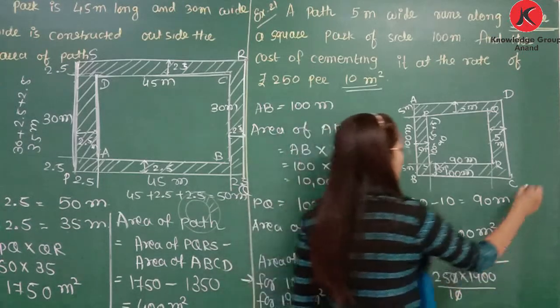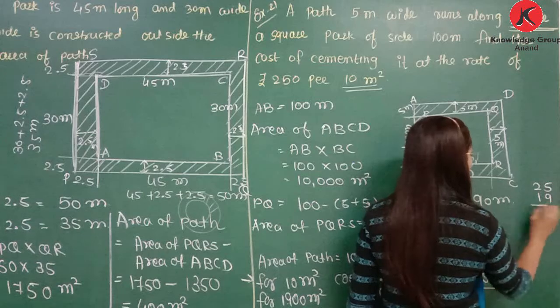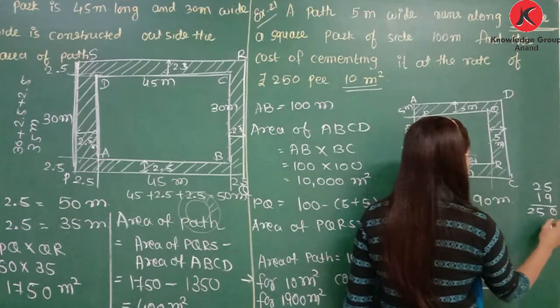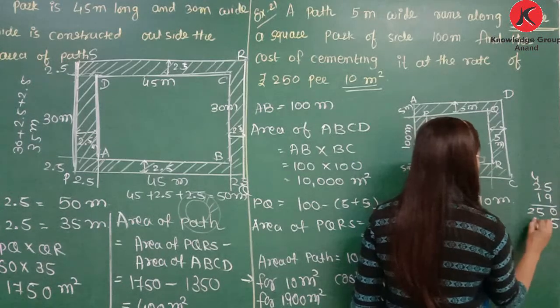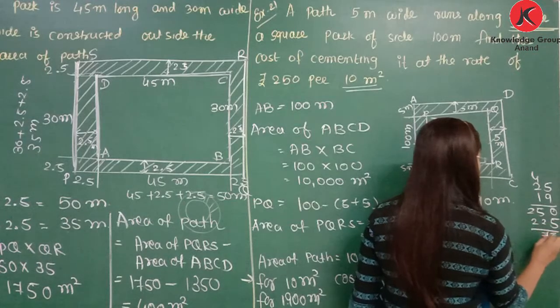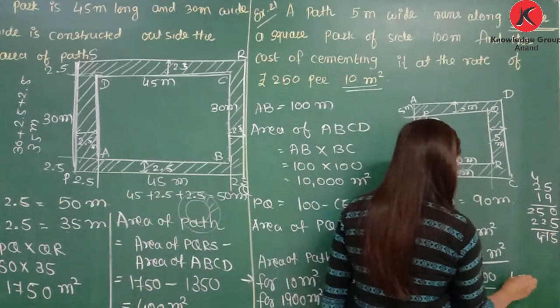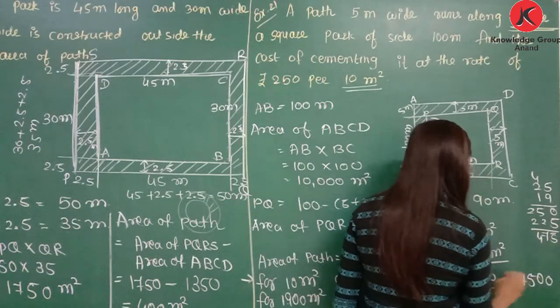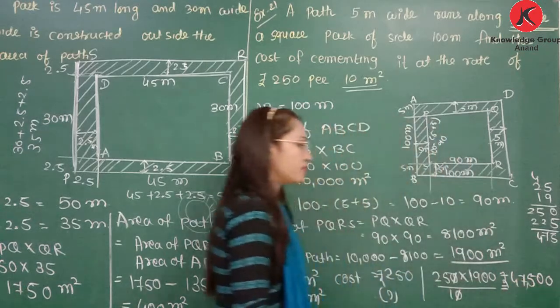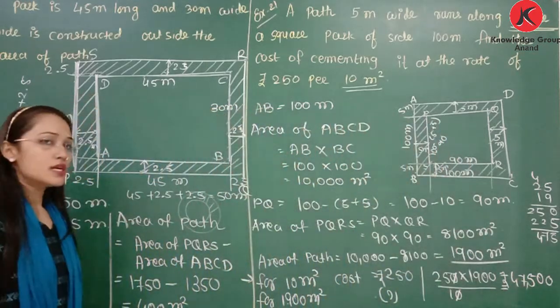If you multiply 25 with 1900, so that is 47,500. 47,500 rupees. That is the cost of cement.